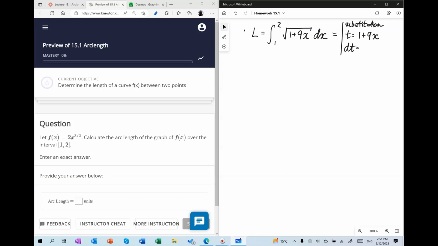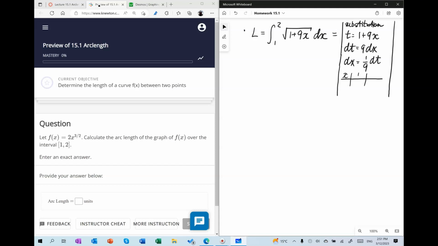So dt will be 9 dx, meaning dx will be 1/9 of dt. And because this is a definite integral, we may also change the limits of integration, although it's not necessary, it's an option that you have to consider.